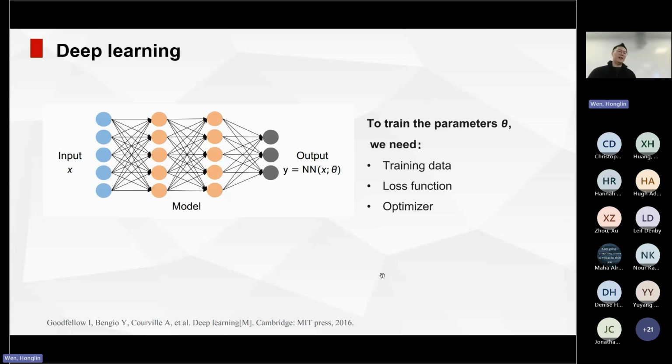In short, if we have a bunch of data, we can train neural network models like the transformer, design a loss function, and use the optimizer to estimate parameters. That's it.